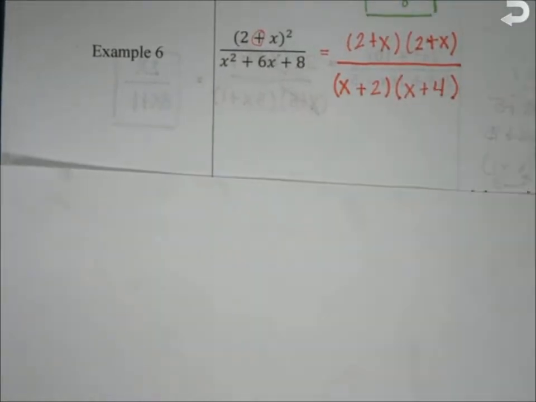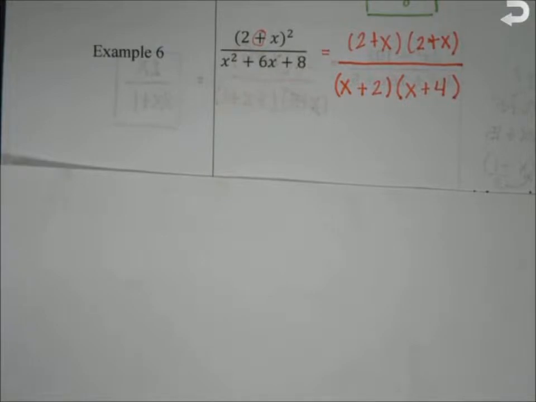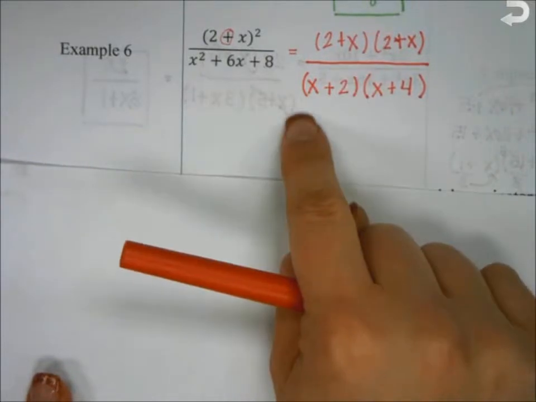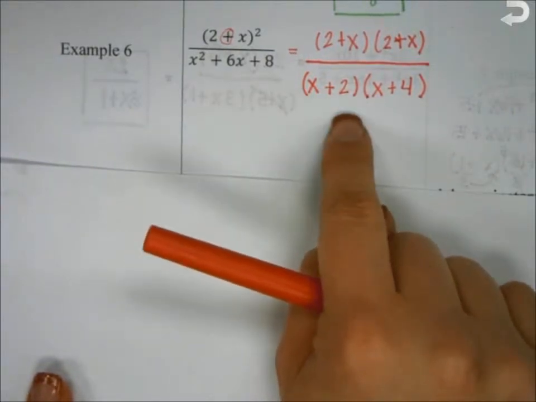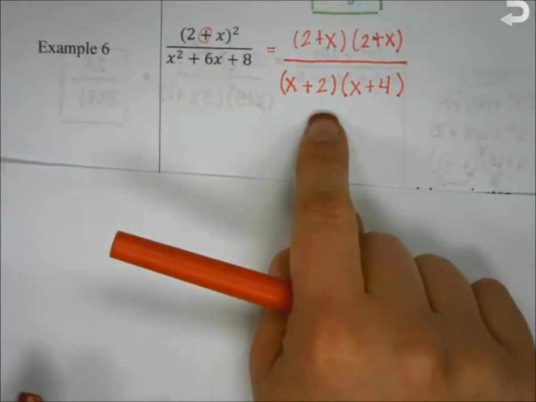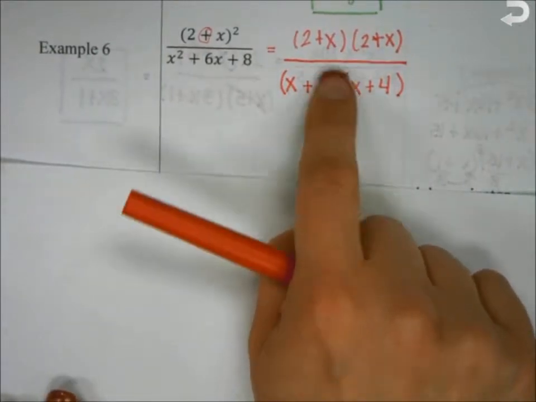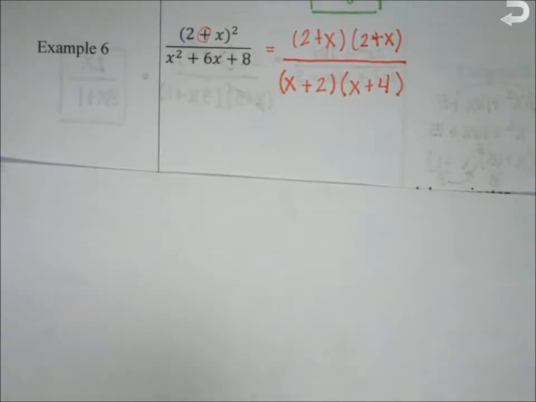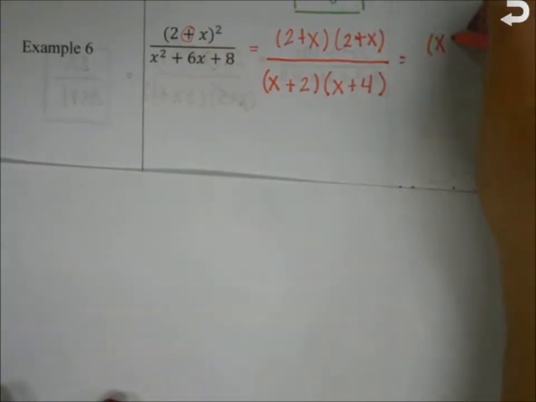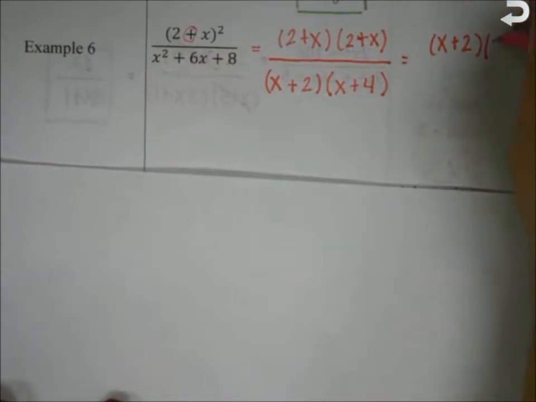In the denominator I have x plus 2. Are those the same thing? They are. Addition order does not matter. So we could actually rewrite one of these as x plus 2. So this is the same as x plus 2 times 2 plus x all over x plus 2 times x plus 4.